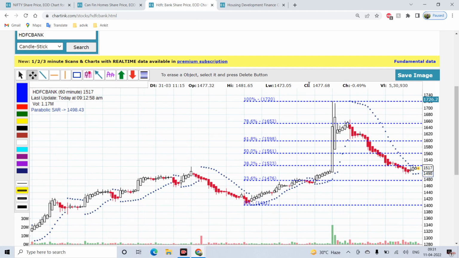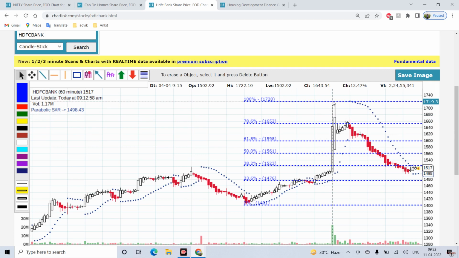Okay, now we'll look into an interesting counter, HDFC Bank. See, from this point, somewhere around 1401, it started moving in an uptrend, which continued till 1722, and then it started moving down.